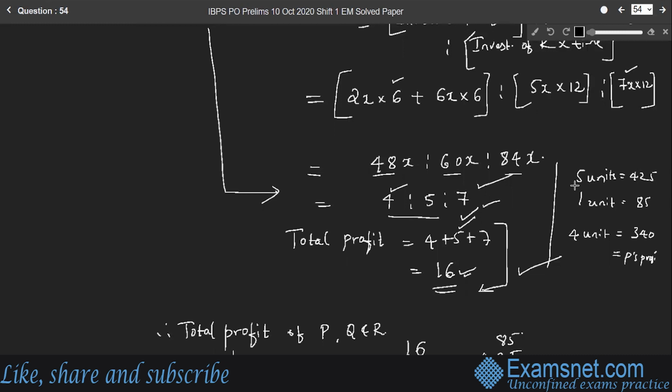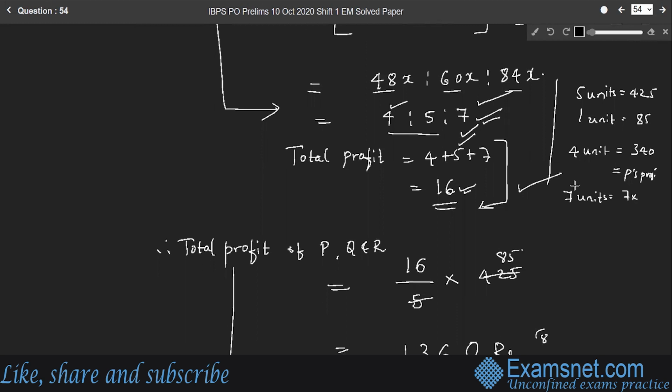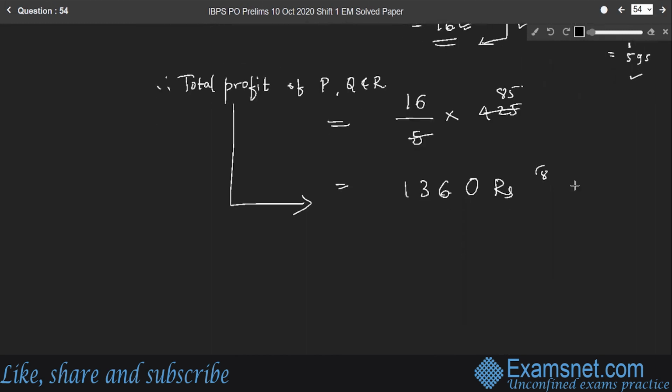Similarly, R's profit is 7 units. So that is 7 into 85, which is 595. Add the 3 values, 425, 340 and 595, and you will get 1,360 rupees.